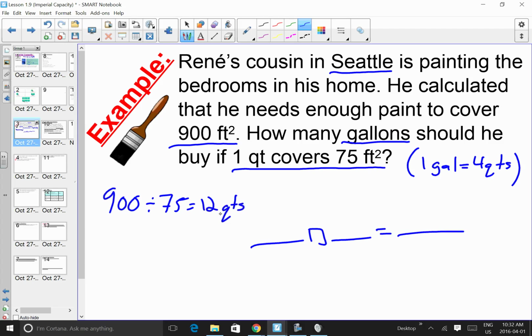We're starting off with 12 quarts, and there's 4 quarts in a gallon, and we're changing into gallons. So we're switching to a bigger unit, so my number's got to get smaller. So I'm going to divide. 12 divided by 4 is 3. So he's going to need 3 gallons.